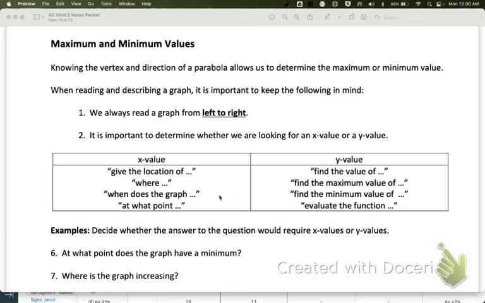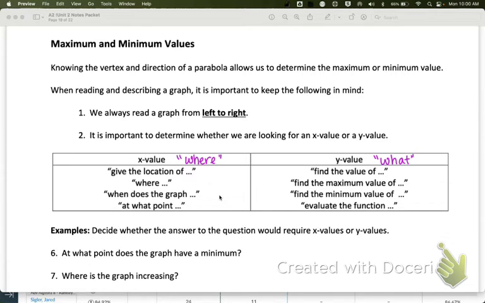Whenever we're talking about x values, we're always talking about where, and y values are always talking about what. That's a general way to categorize. That's how I like to think about it: x values are always asking about where, and y values are always asking about what.